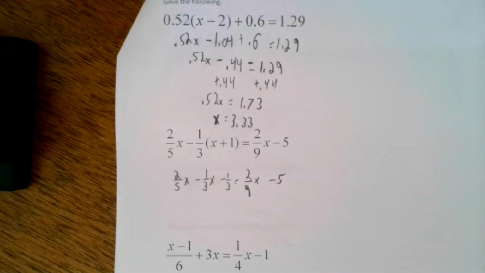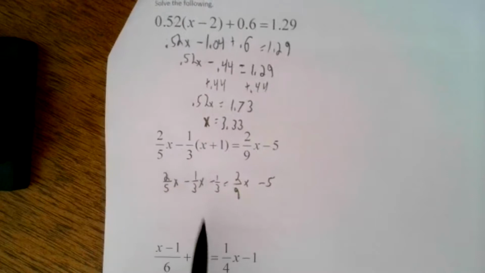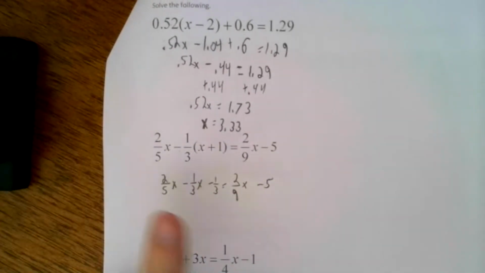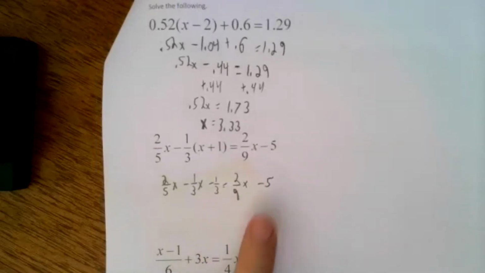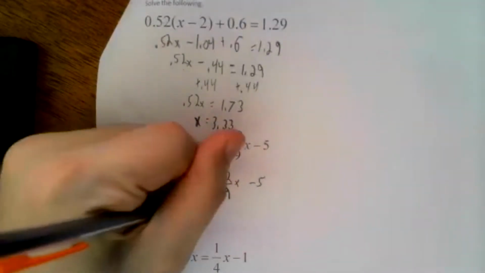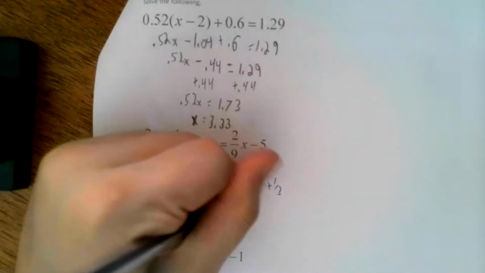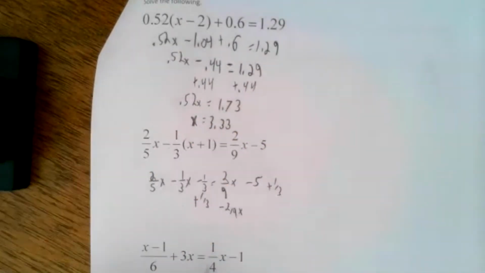Okay. And the next thing I want to do is I want to start combining all the x's together and combining all the constants together, right? So what I'm going to do here is I'm going to get all my x's to the left side and all my constants, or all my regular numbers, to the right side. So I'm going to add 1/3 on both sides, and then I'm going to subtract 2/9x on both sides, right?